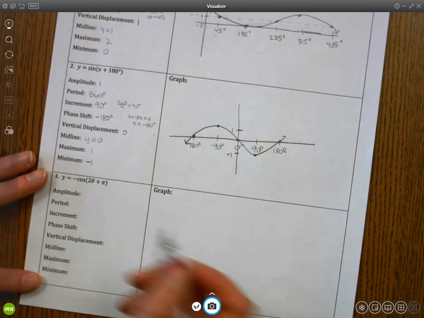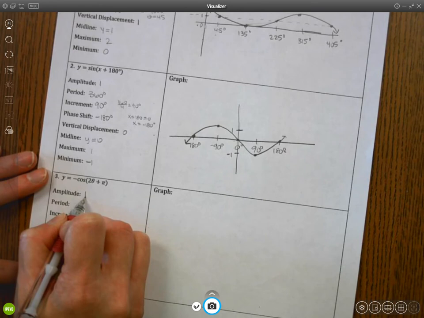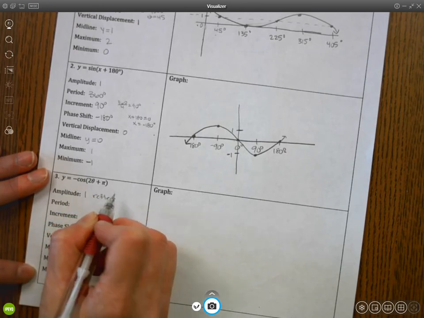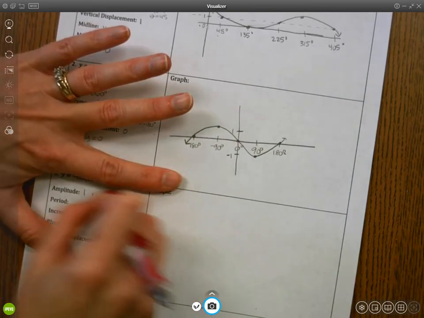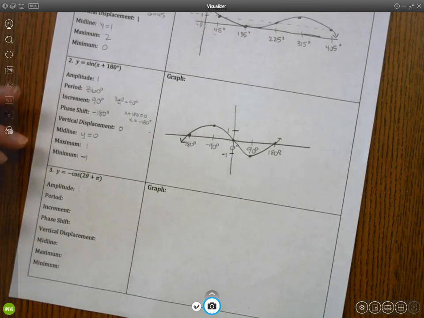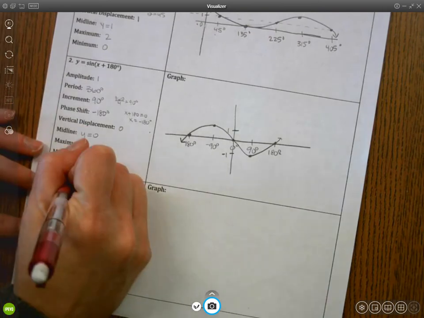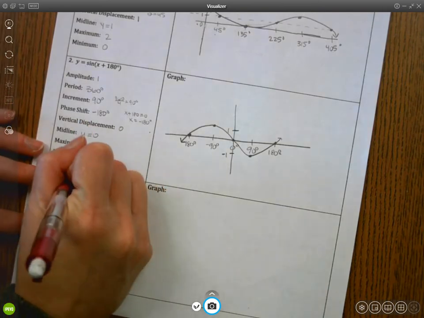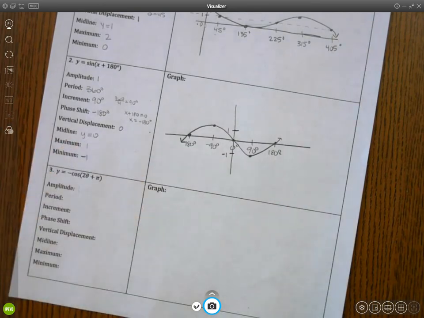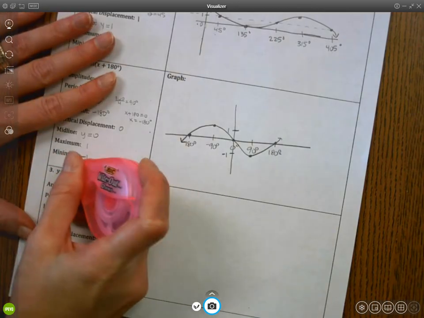Number 3. Amplitude is 1, but remember that it's reflected. Actually, I meant to take number 2 and put a 2 in front of it, so since I didn't there, let's put a 3 in front of this one. We'll make this one say negative 3 before we get started. I don't know where my whiteout went.